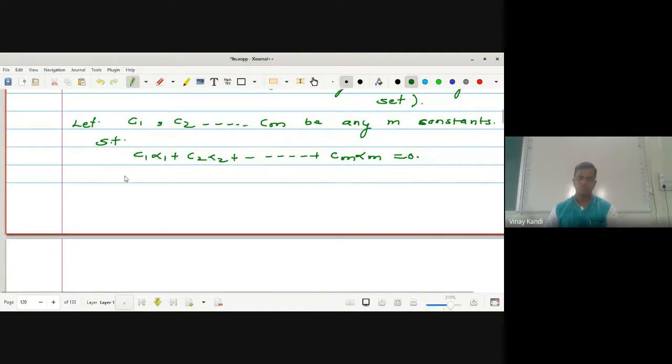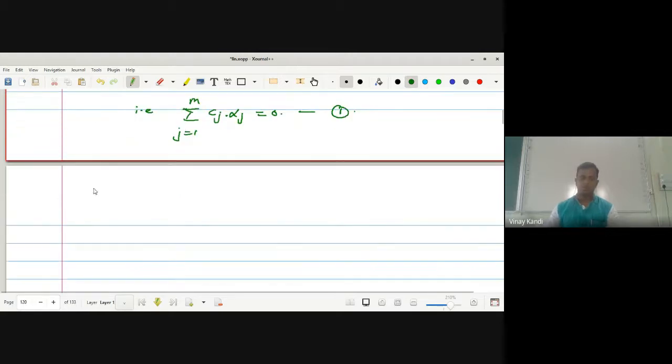And we have to show that each of C1, C2, up to Cm is 0. In summation form, summation j running from 1 to m of Cj alpha j is equal to 0. Give it as equation number 1.